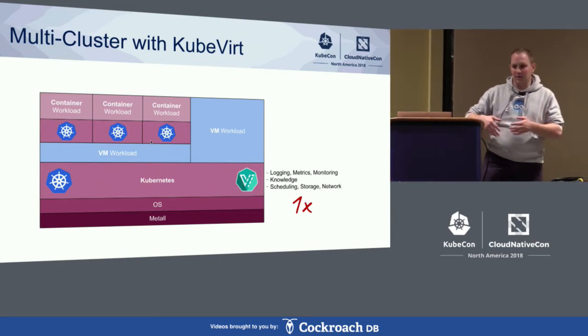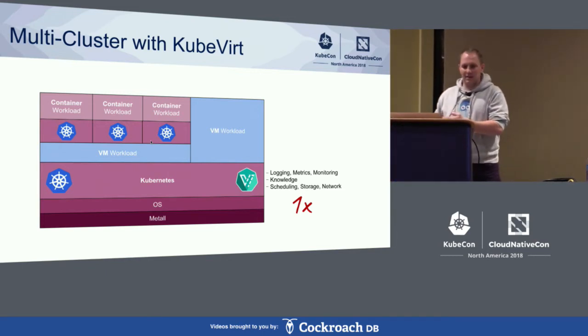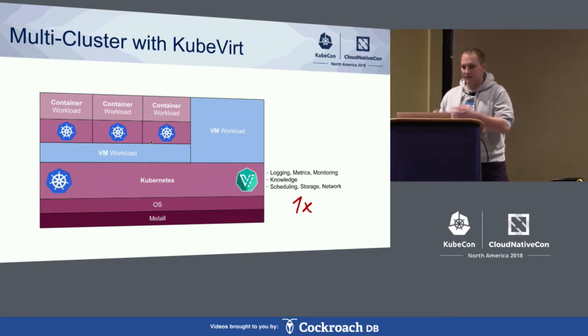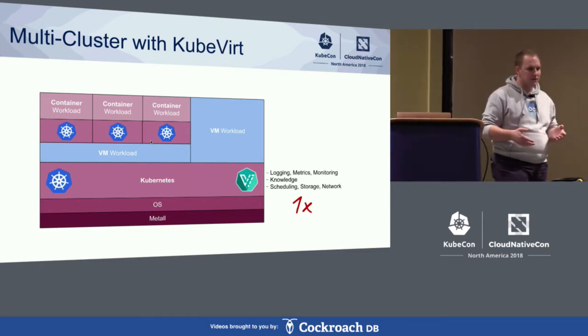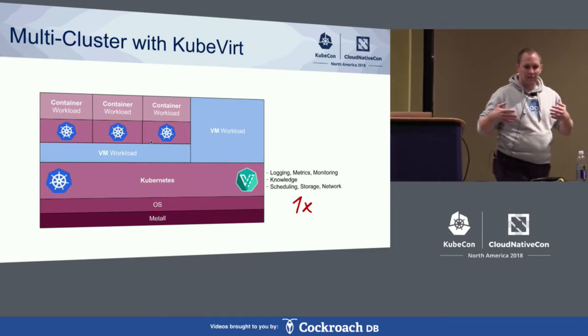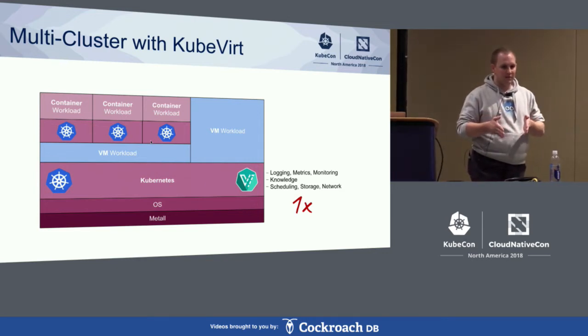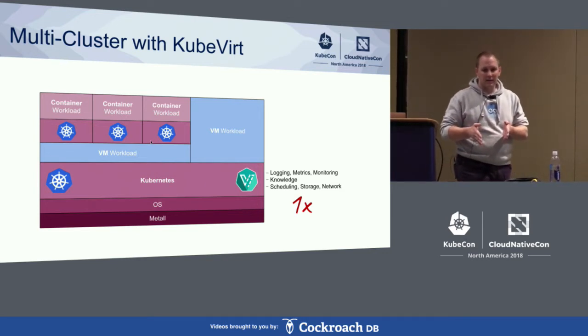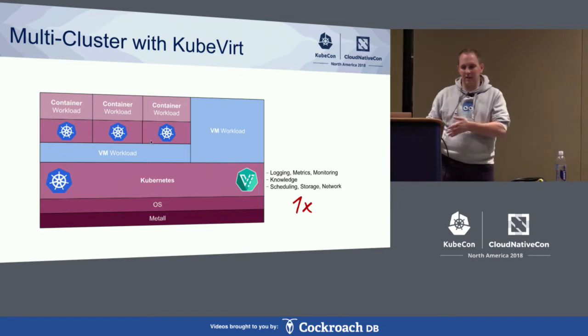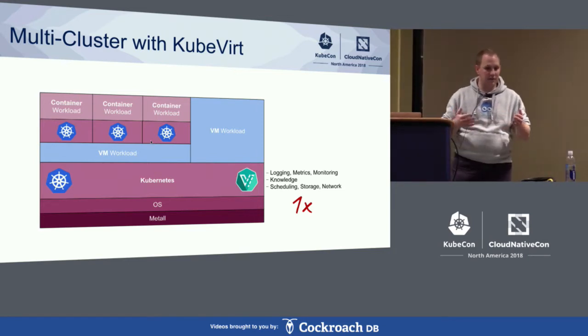So what we saw a lot of times is customers using OpenStack, VMware, or other virtualization solutions only for partitioning the machines into smaller chunks. And so the main challenge with this is you must manage two different platforms. You need to manage OpenStack, and on top of this, you need to manage Kubernetes.